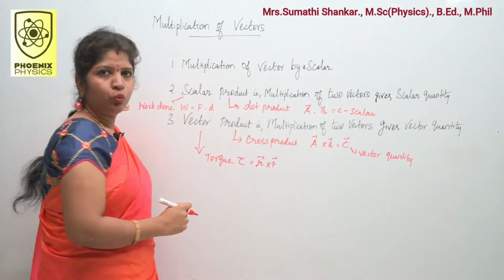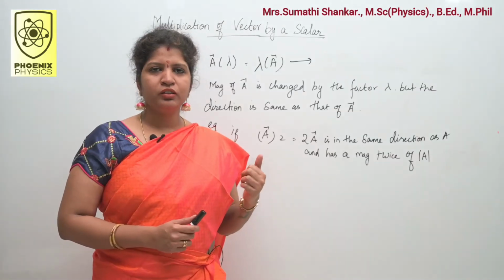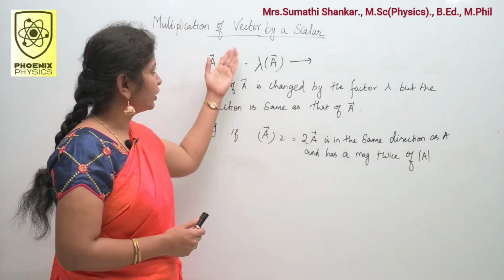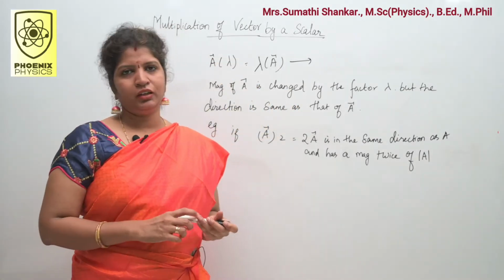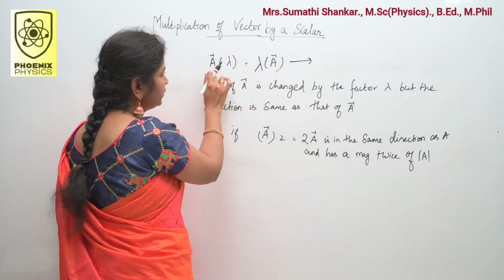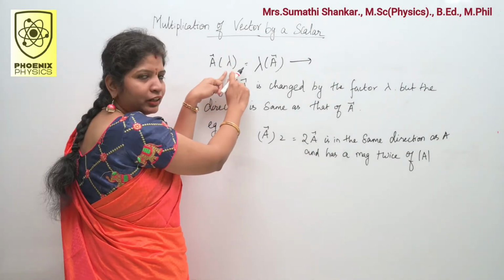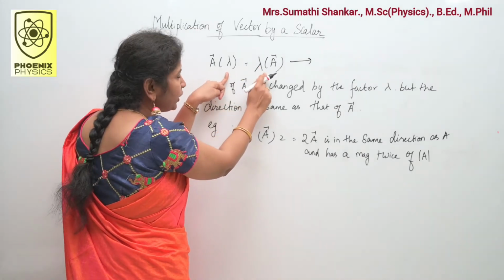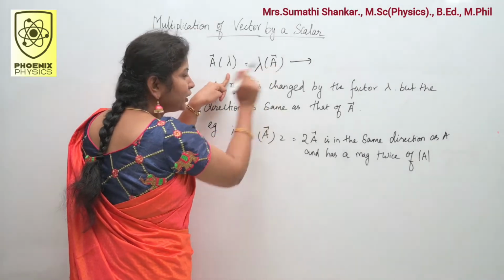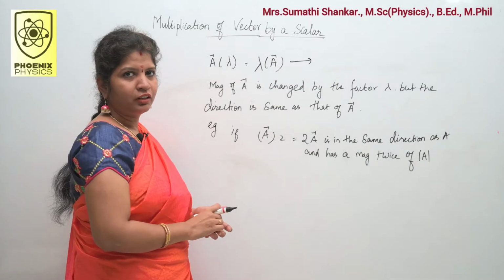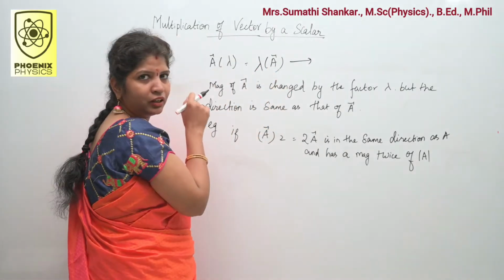Let us see one by one. Next one is multiplication of vector by a scalar. Consider A vector, and this A vector is multiplied by a factor lambda, means we can get lambda times A vector. What is the meaning?